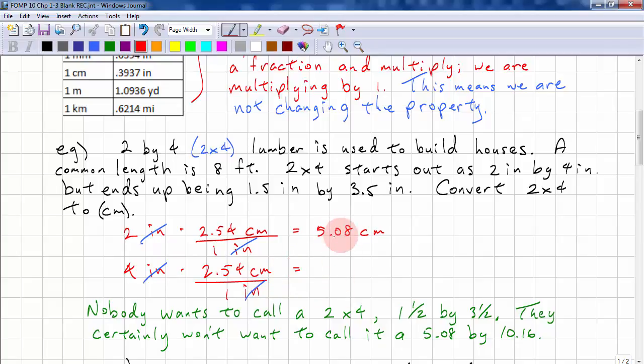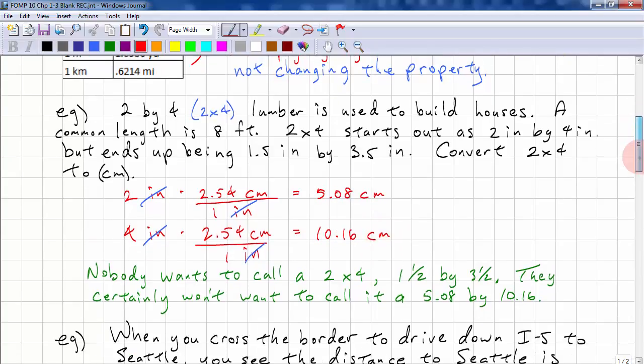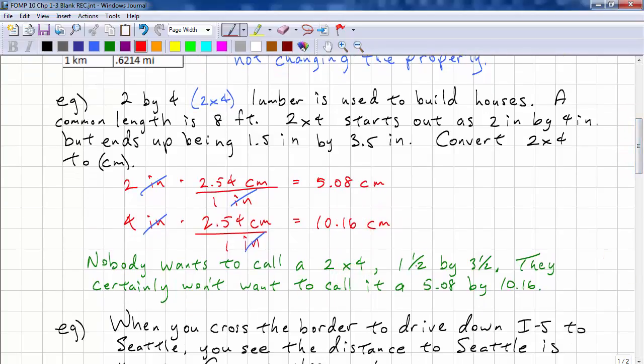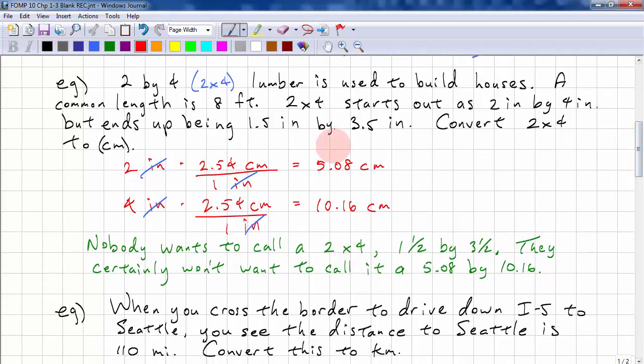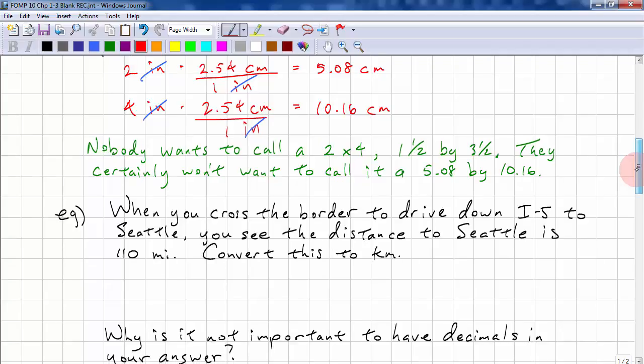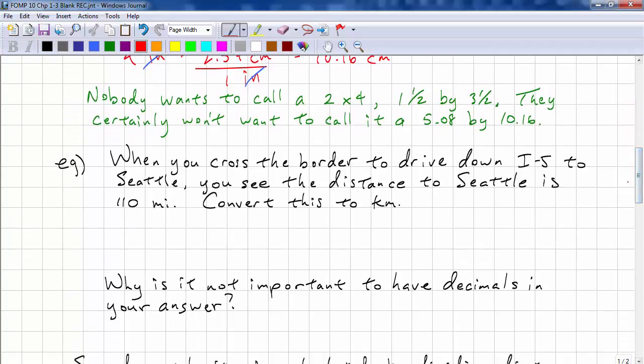I know you could have just doubled this, but let's just go through the practice. Nobody wants to call a 2x4 a 1.5 by 3.5, and they certainly don't want to call it a 5.08 by 10.16. And we've kept 2x4s rather than using metric lumber because it would be impossible to renovate old houses if we started using metric.